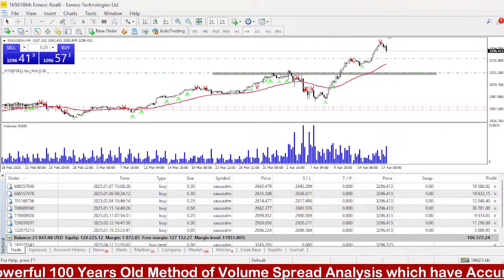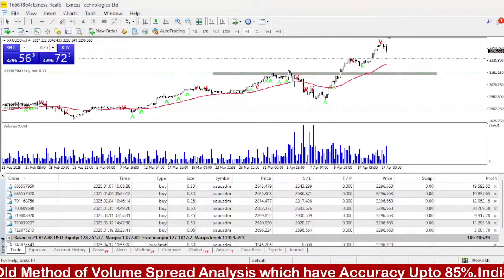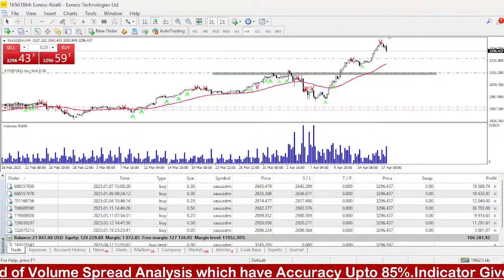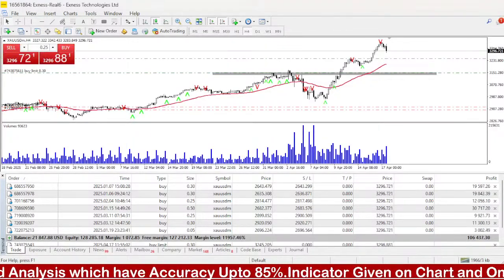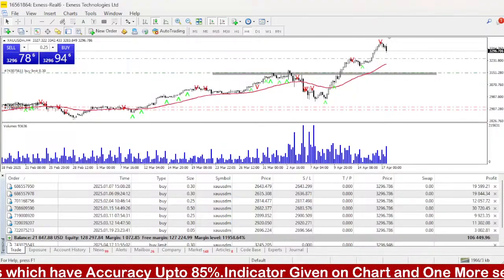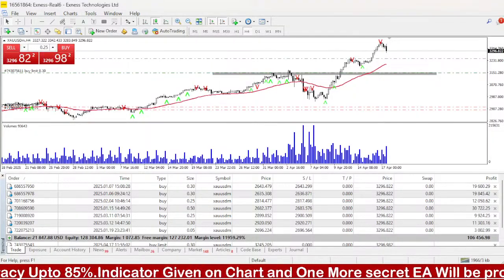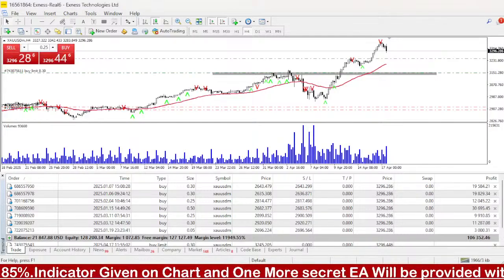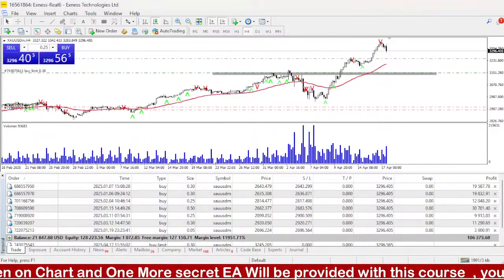I have tested top MQL5 expert advisors, and all of them have one thing in common: their take profit is just 30 or 40 pips, but their stop loss is 300 pips. So what will happen when you apply those? This is a very bad risk to reward ratio, totally opposite.